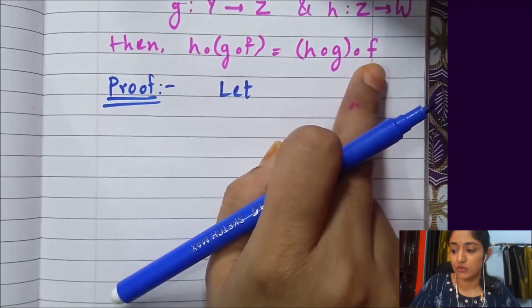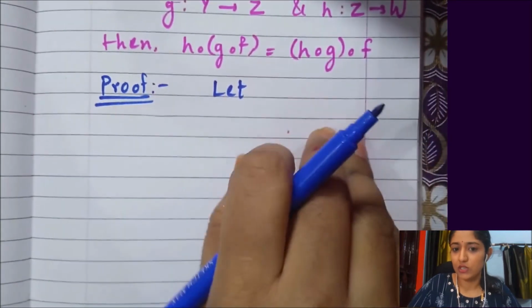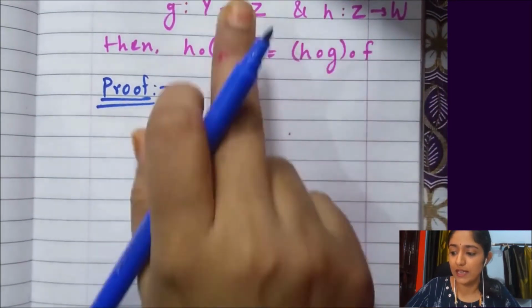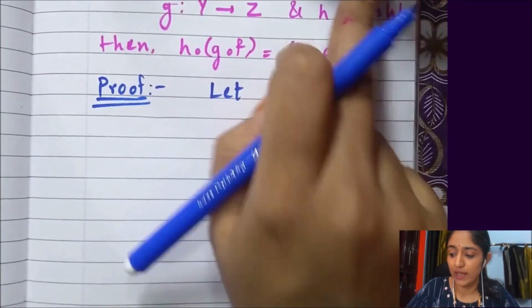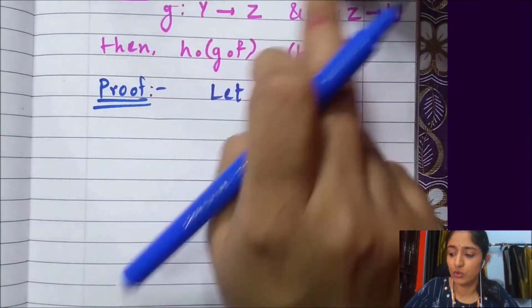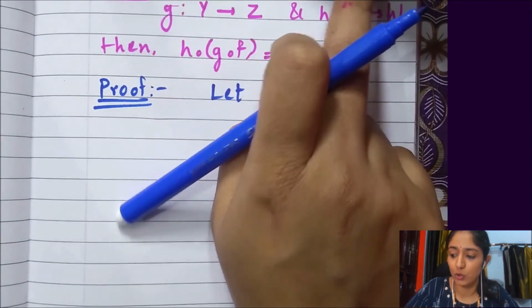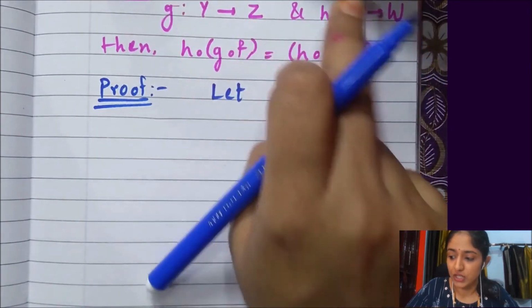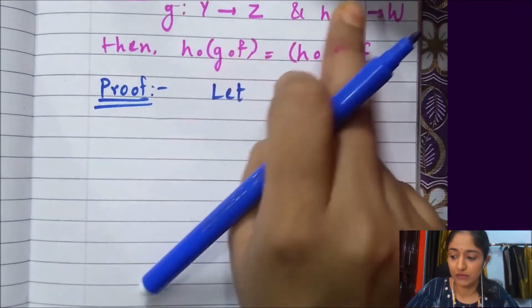We'll just roughly check orally if they exist or not. f has the domain X and f goes to Y. So this composite will have the domain X and codomain Z, and h is defined from Z. So we don't have a problem there.